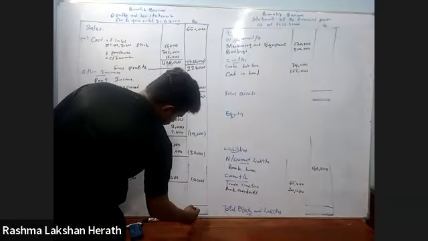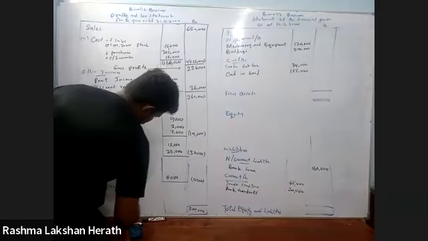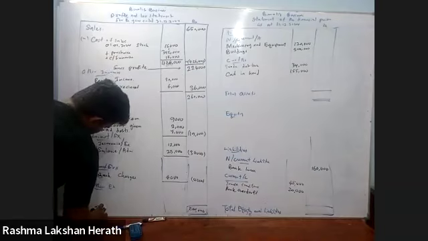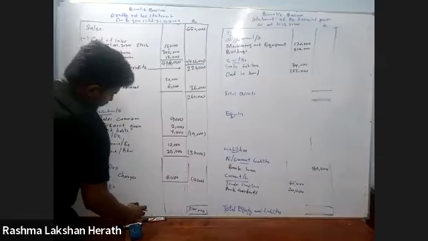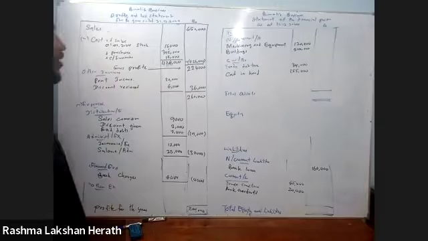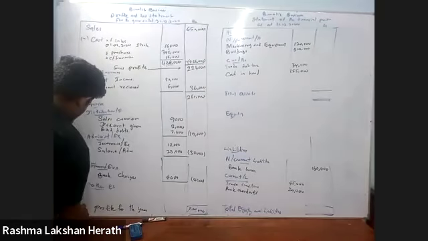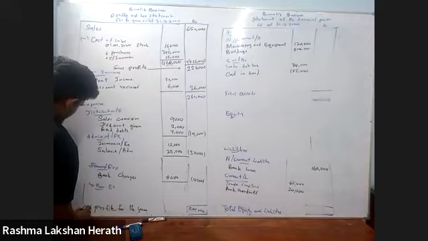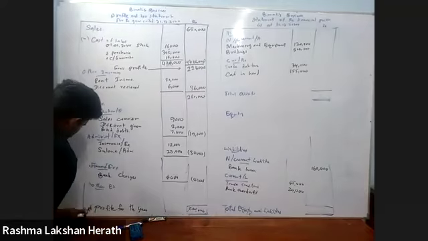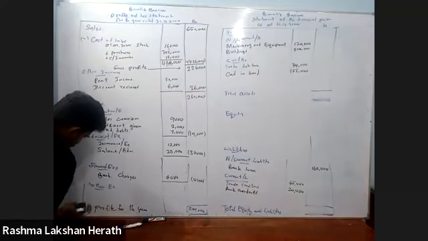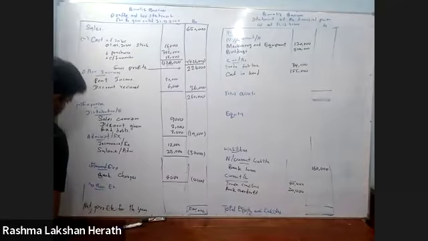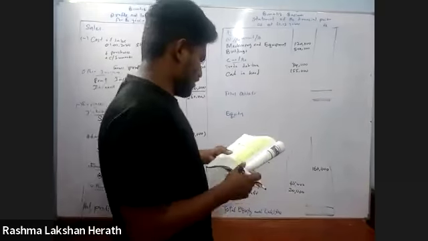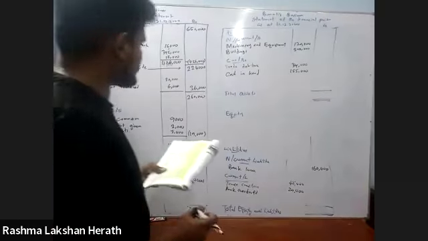Then the profit is 200,000. This is the profit for the year, right? 200,000. This is the net profit.